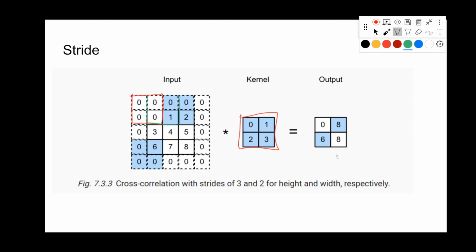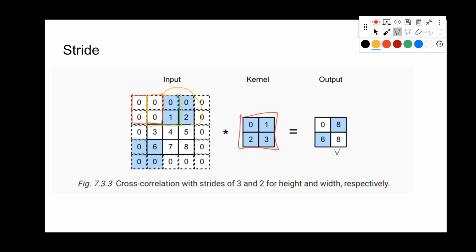Let me use another color. So it will be this one, and then the next one will be this one. So every time we move 1 pixel to the right, and when we reach the right of the input, we just move 1 pixel down.